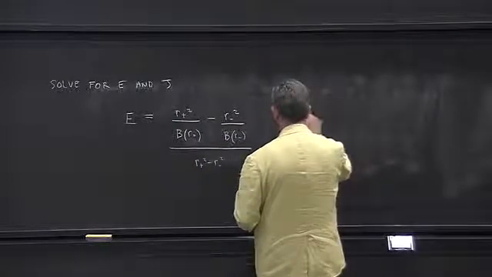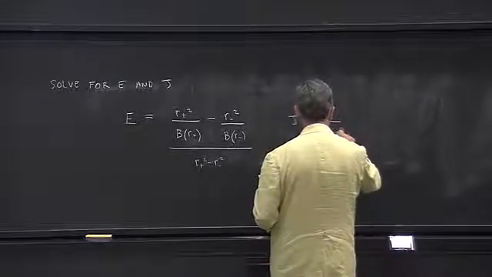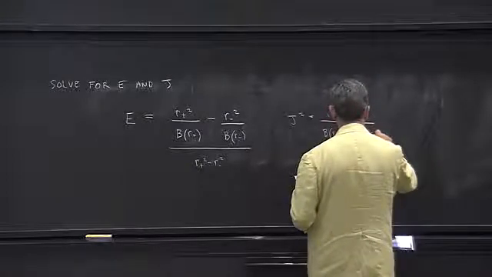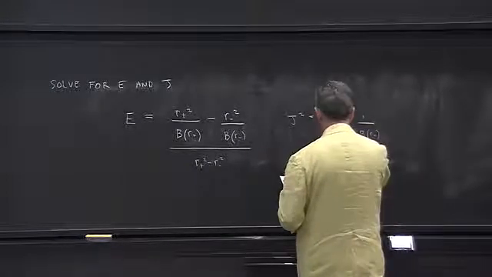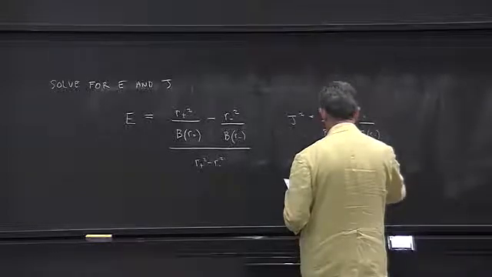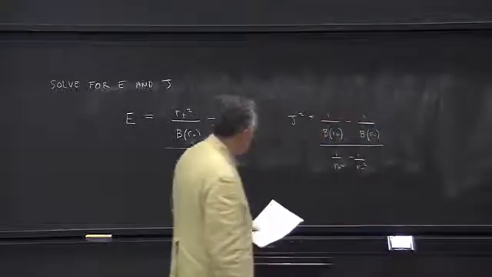And J squared is 1 over b of r plus minus 1 over b of r minus, over 1 over r plus squared minus 1 over r minus squared.